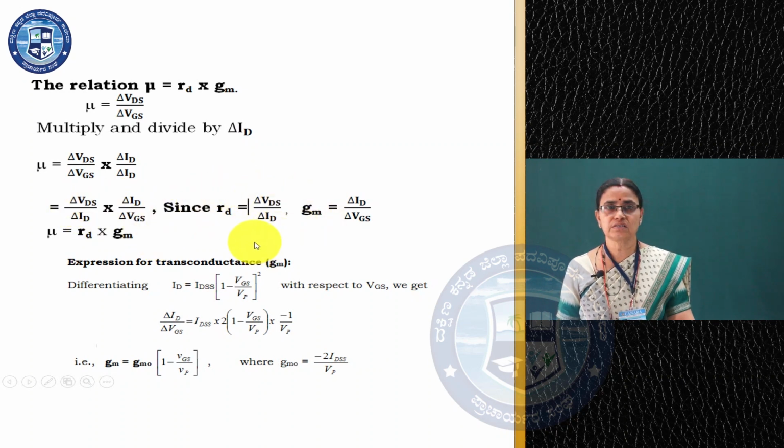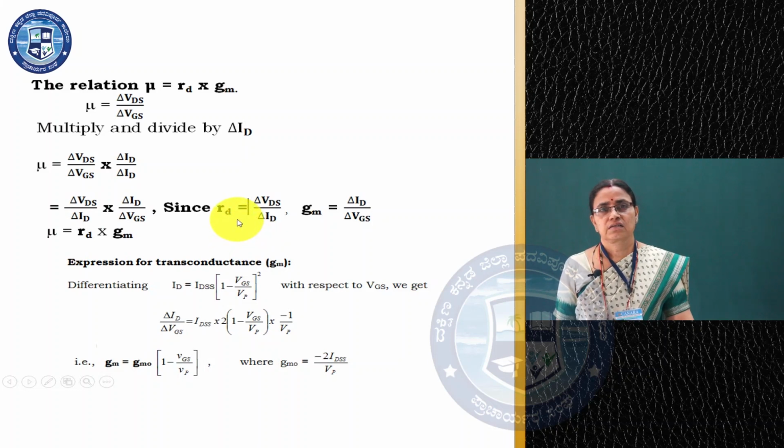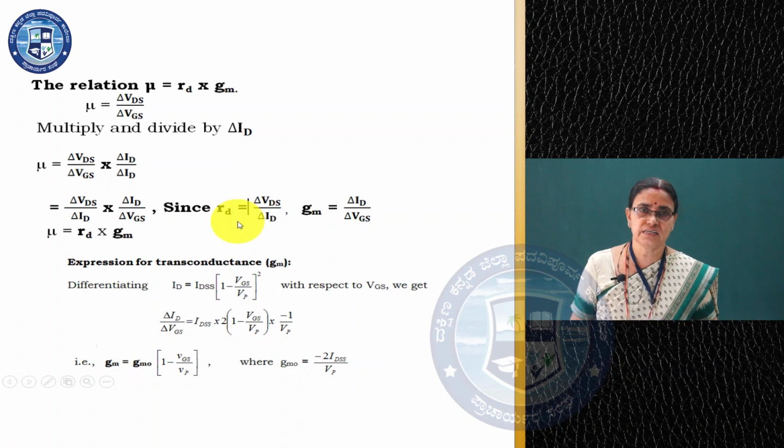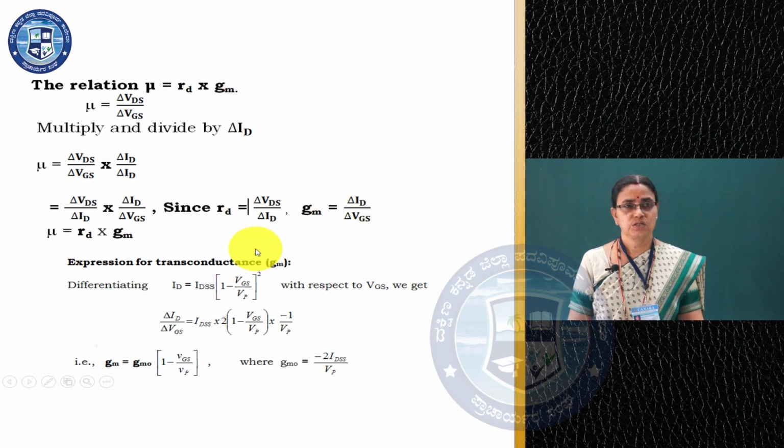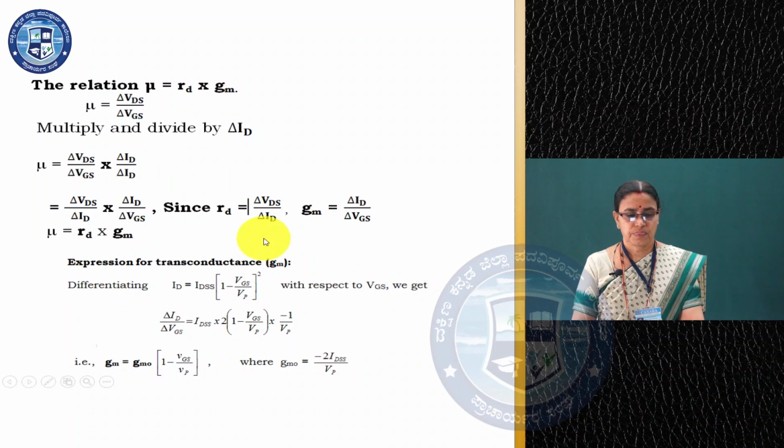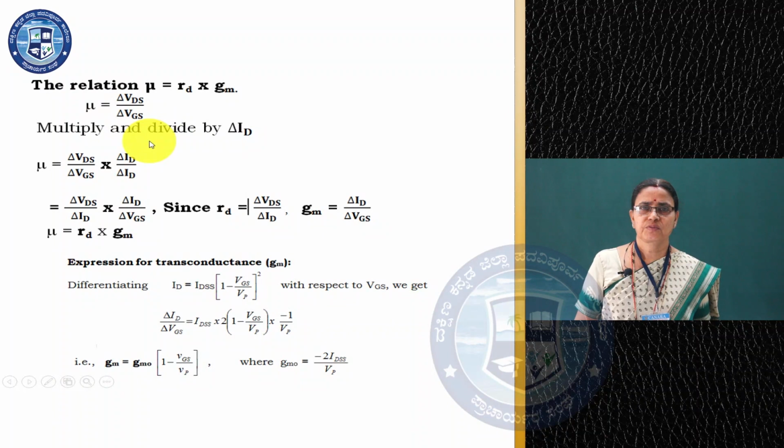You know the equation, RD is equal to delta VDS divided by delta ID, that is the AC drain resistance, and GM is equal to delta ID by delta VGS. So mu is equal to RD into GM. This expression is very important. It will come for 2 marks, only the derivation.